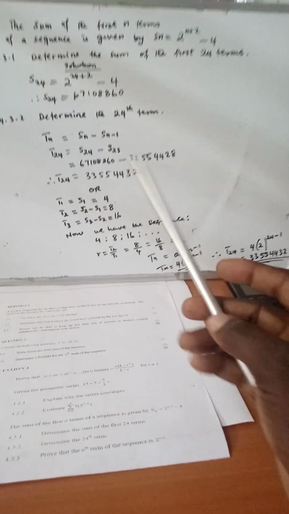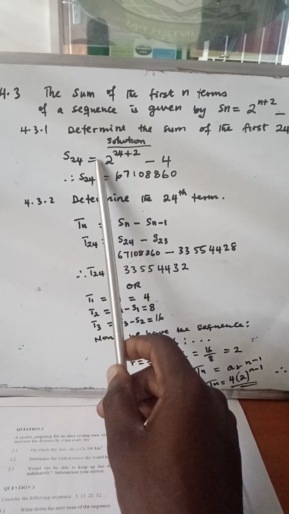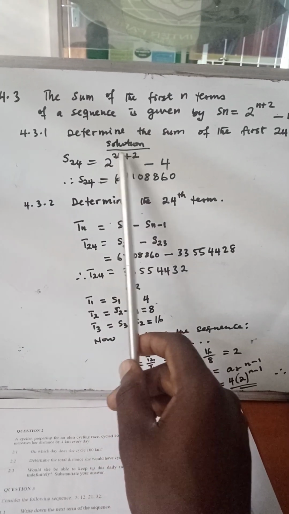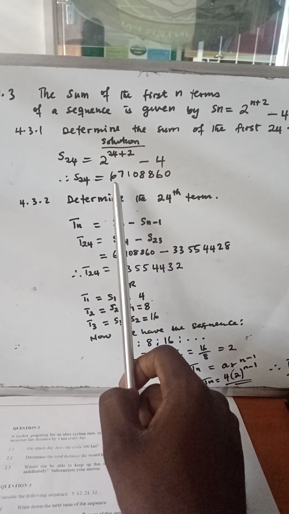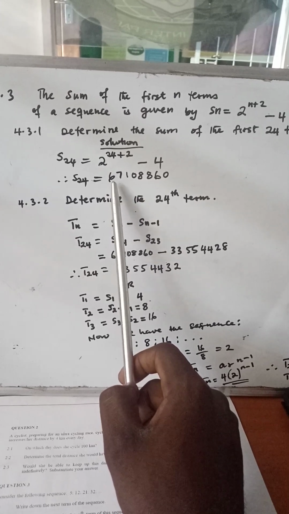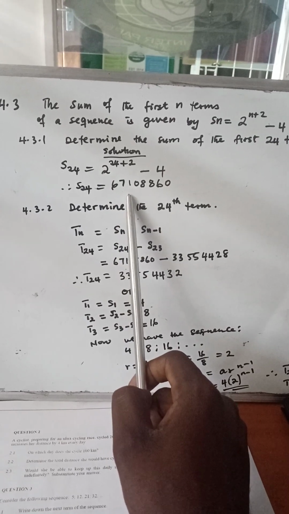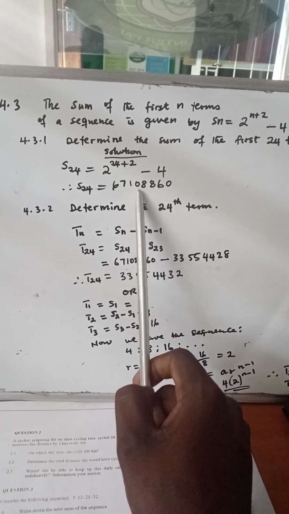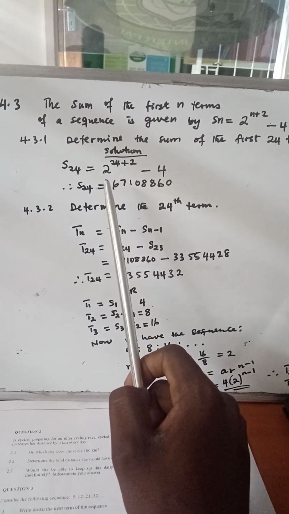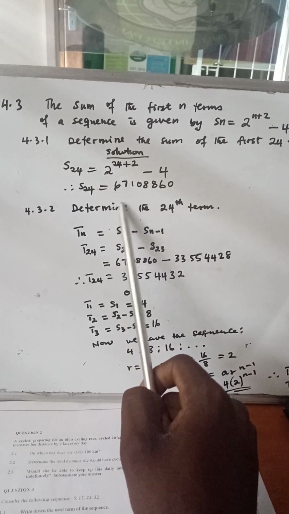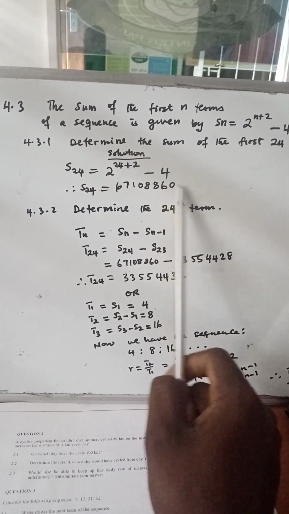So guys, it's just a simple thing. The sum of the first 24 terms, you just say S24 is equal to 2 to the power n plus 2. So you substitute the 24 there, plus 2 minus 4, and the answer gives you 67,108,860.